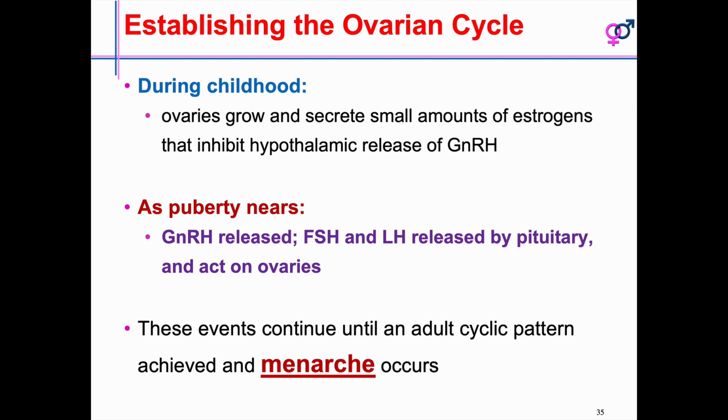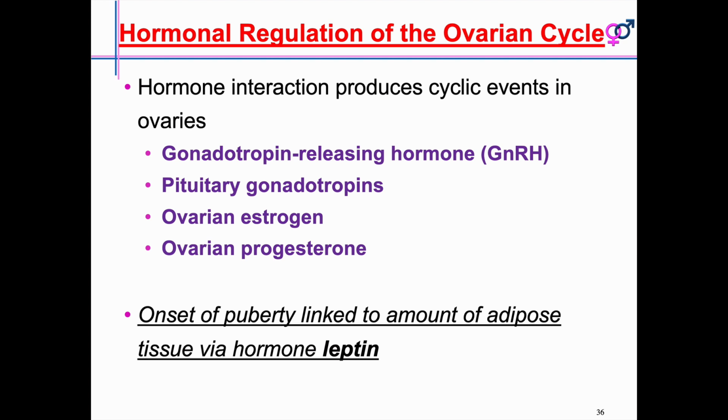Once the female reaches the puberty age, the gonadotropin releasing hormone is released in the hypothalamus, which makes the pituitary secrete follicle stimulating hormone and luteinizing hormone, and those hormones act on the ovary. The first menstrual cycle in life is called menarche.